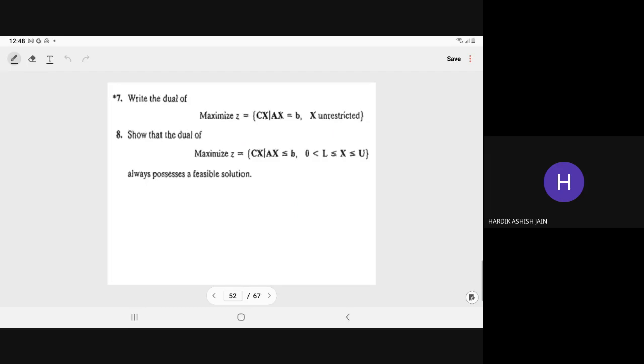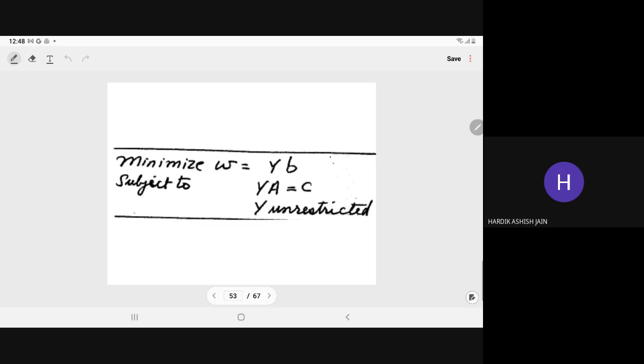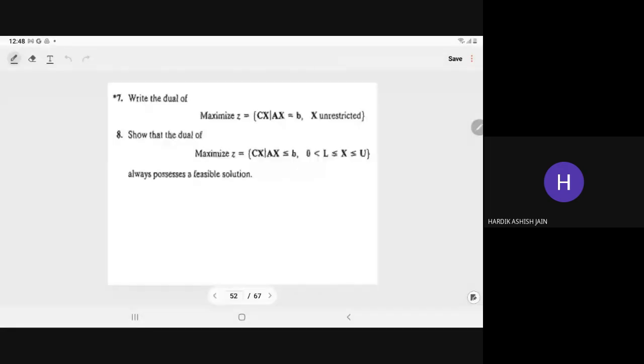Clear? So here we have the dual of that. Now we have maximize z is equal to cx, ax less than or equal to b, and x greater than or equal to l but less than or equal to u.